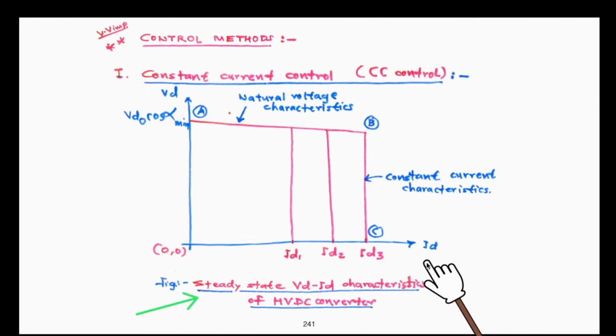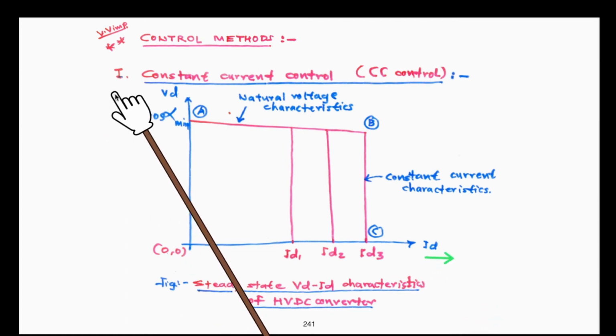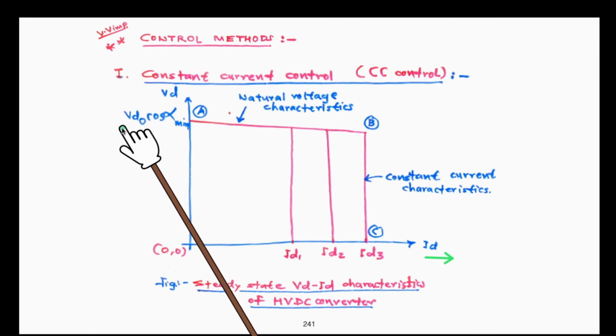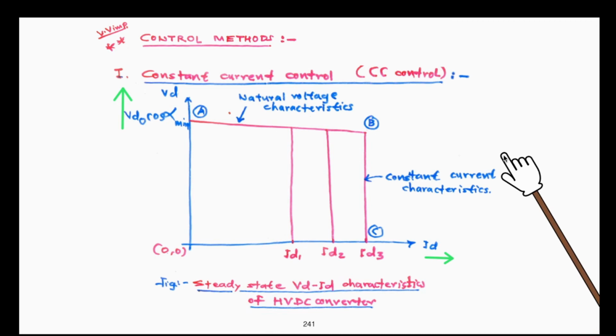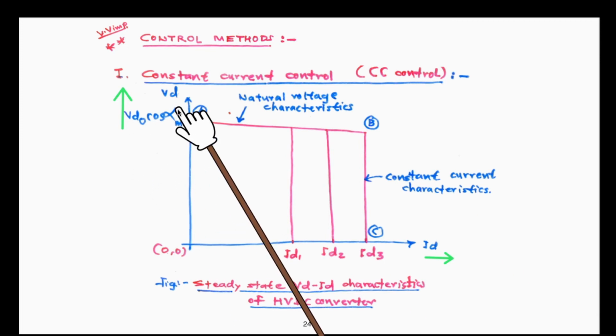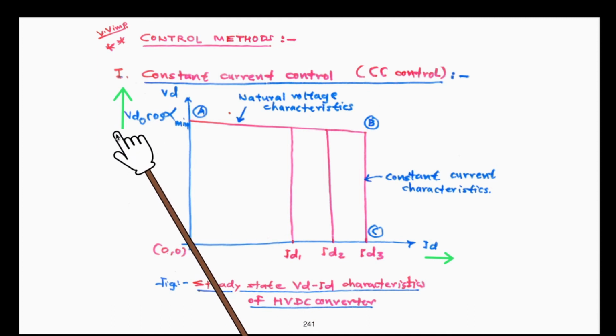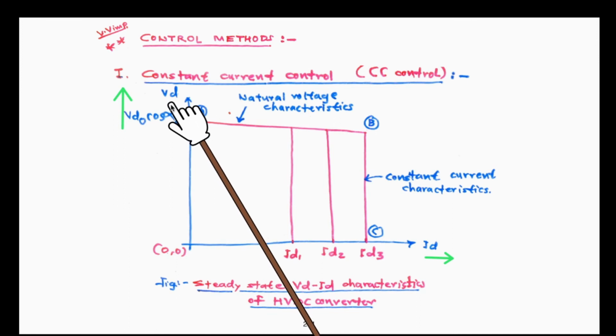On the x-axis, we have DC current plotted, and on the y-axis, we have DC voltage. In particular, we may consider a rectifier converter, where the DC current flowing out of its terminal is ID, and the DC voltage developed across anode and cathode at the output of the converter is VD.